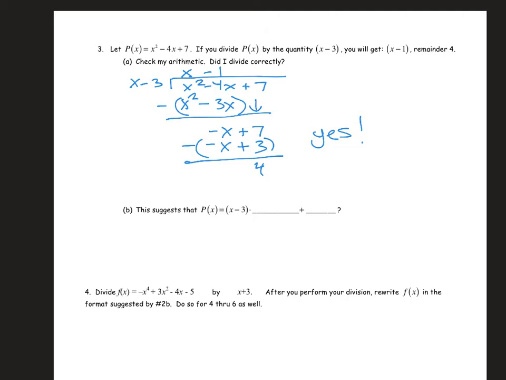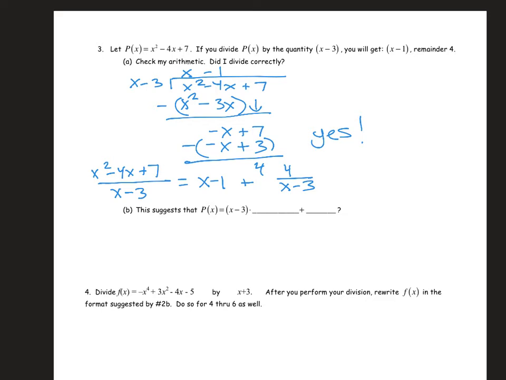And remember what we're doing when we divide. What we just did is I said x squared minus 4x plus 7, which was my polynomial, when divided by x minus 3, gave me a quotient of x minus 1 plus my remainder over the divisor.